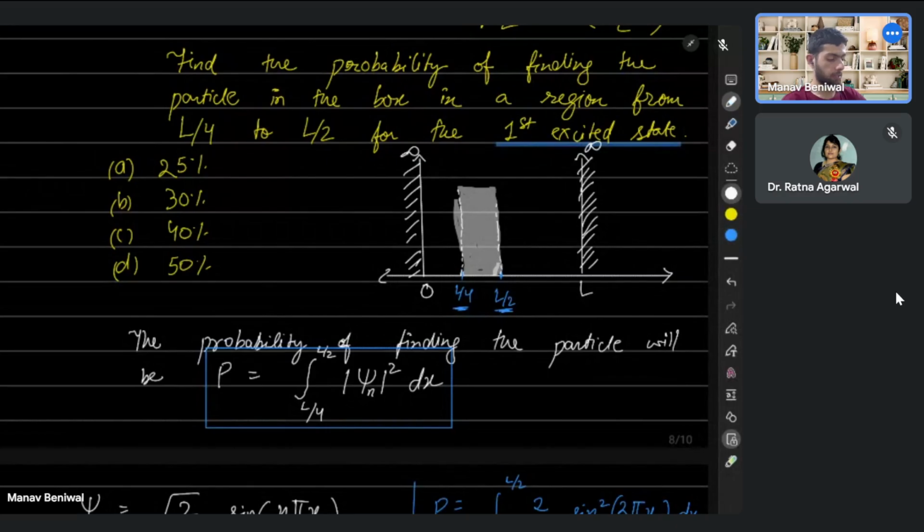Okay, correct answer is option A. So there is a 25% chance that we find the particle. If we do a certain measurement to find the particle, there is a 25% chance that we will find a particle between L by 4 and L by 2.